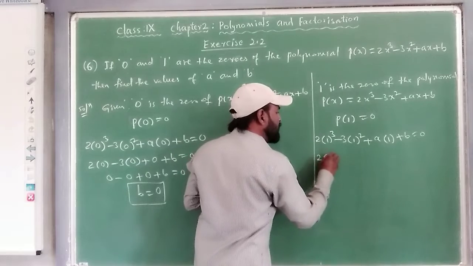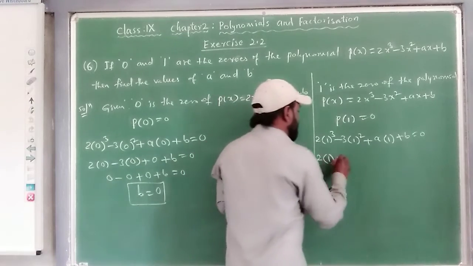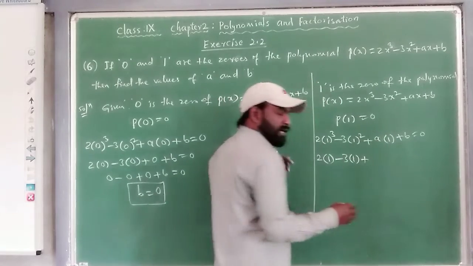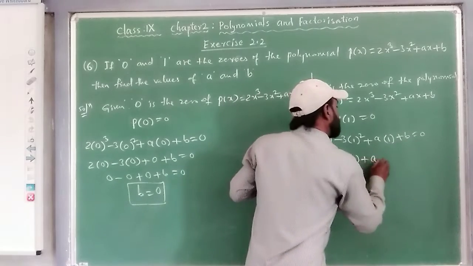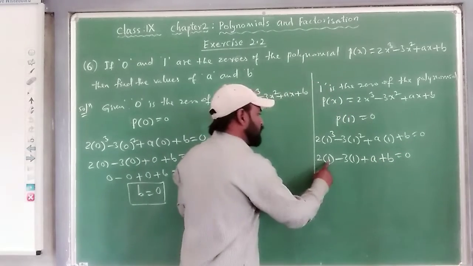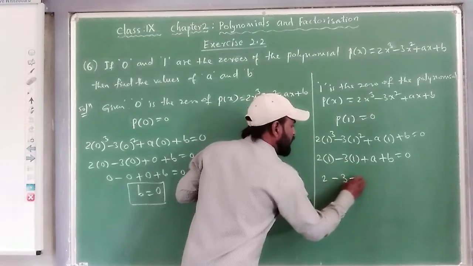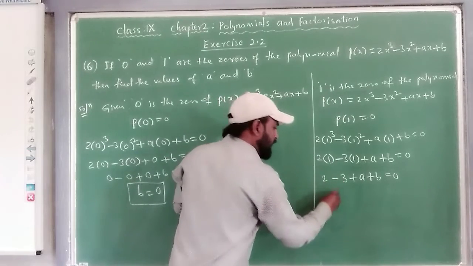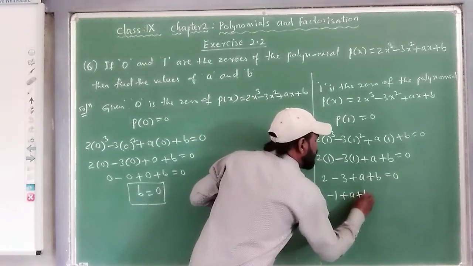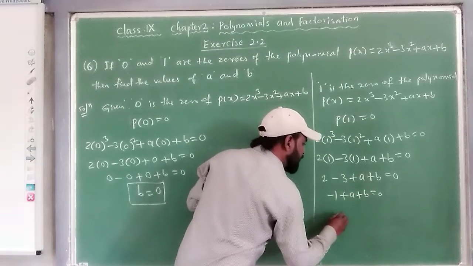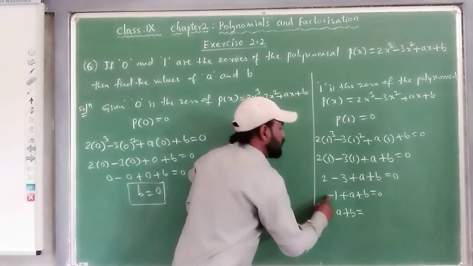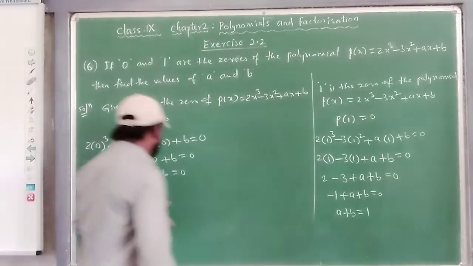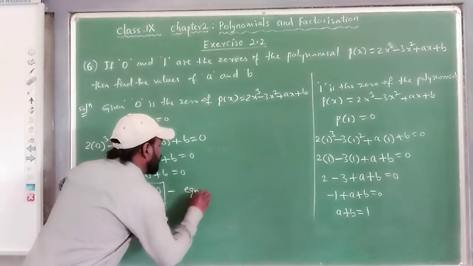Now 2 into 1 cube is 2, minus 3 into 1 square is 3, plus a plus b is equal to 0. Now 2 minus 3 is minus 1, plus a plus b is equal to 0. Take this minus 1 to that side: a plus b is equal to 1. Take this as equation 1.